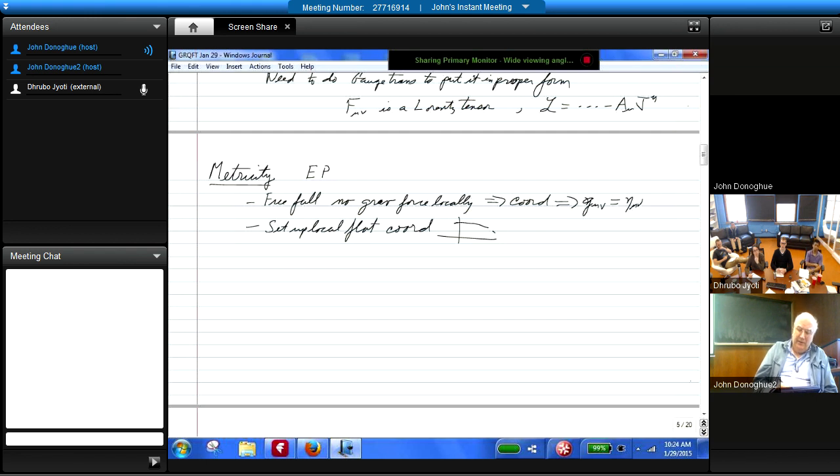We can always define them to be locally flat. So the basic point was that we can take g mu nu goes to eta mu nu by some choice of coordinates.